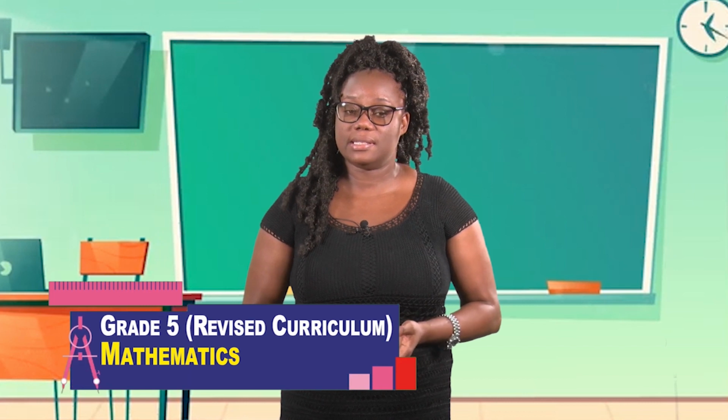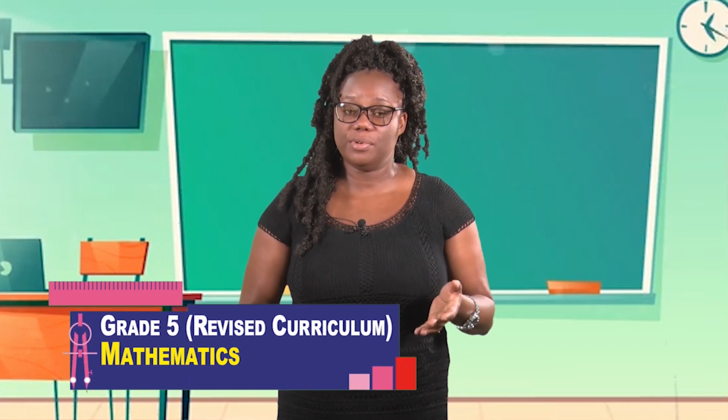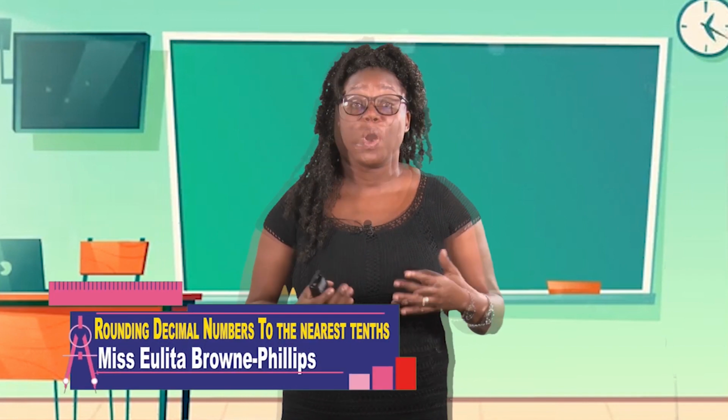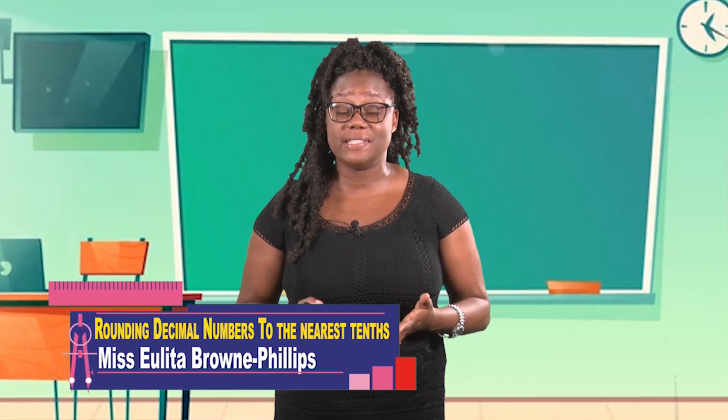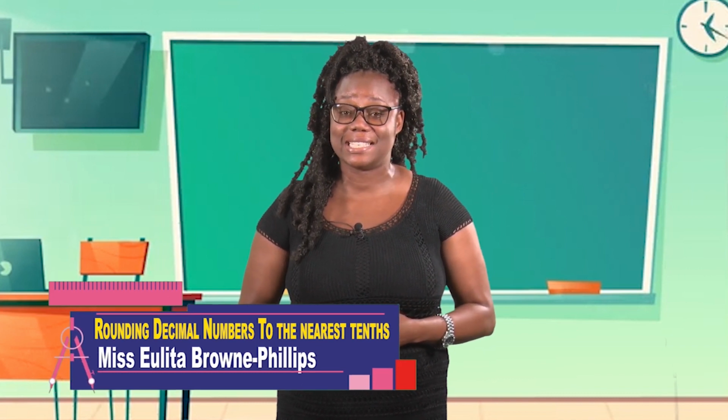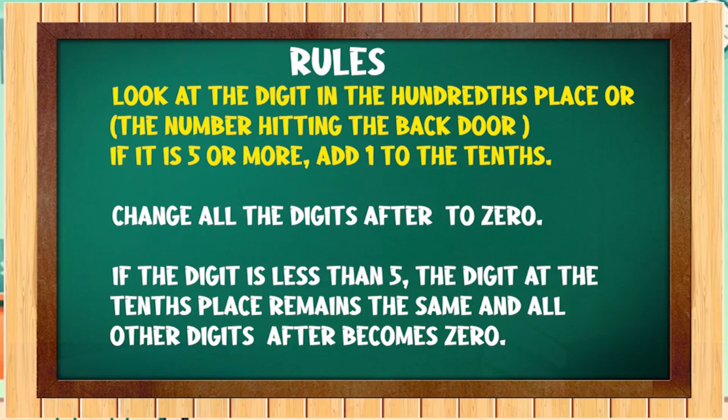Boys and girls, the same rules apply when rounding decimal numbers to the nearest tenths. When rounding decimal numbers to the nearest tenths, you look at the number in the hundredths place, or the number hitting the back door, because remember, hundredths comes after tenths.